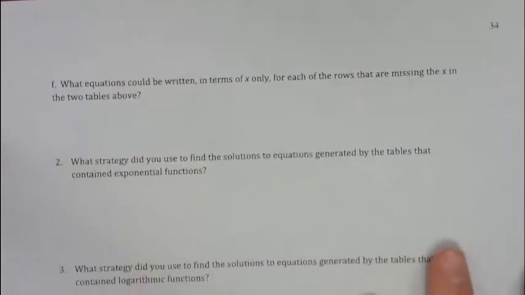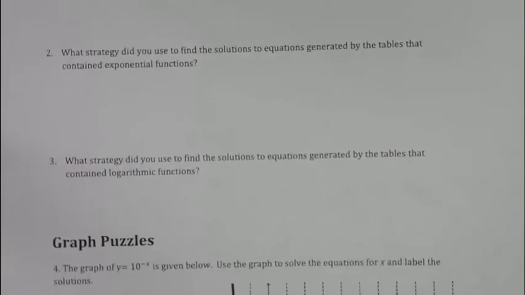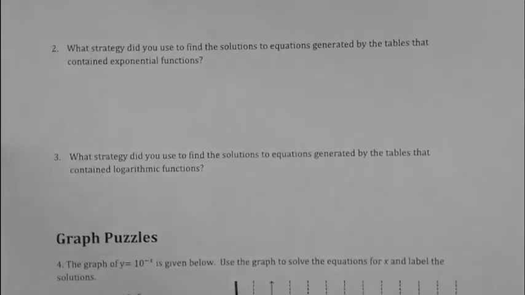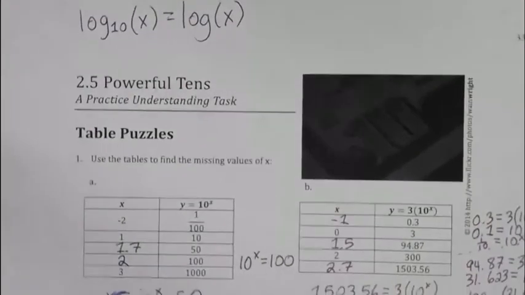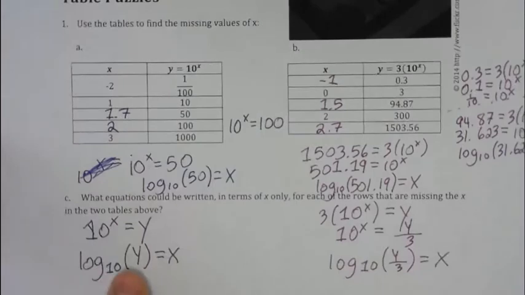Moving to the back, we already did f. Well, we just finished doing that. So we're going to move to 2 and 3. So number 2, what strategy did you use to find the solution to equations generated by the tables that contain exponential functions? So those ones that contain exponential functions was table A. So we used a logarithm function to undo that and solve for x.